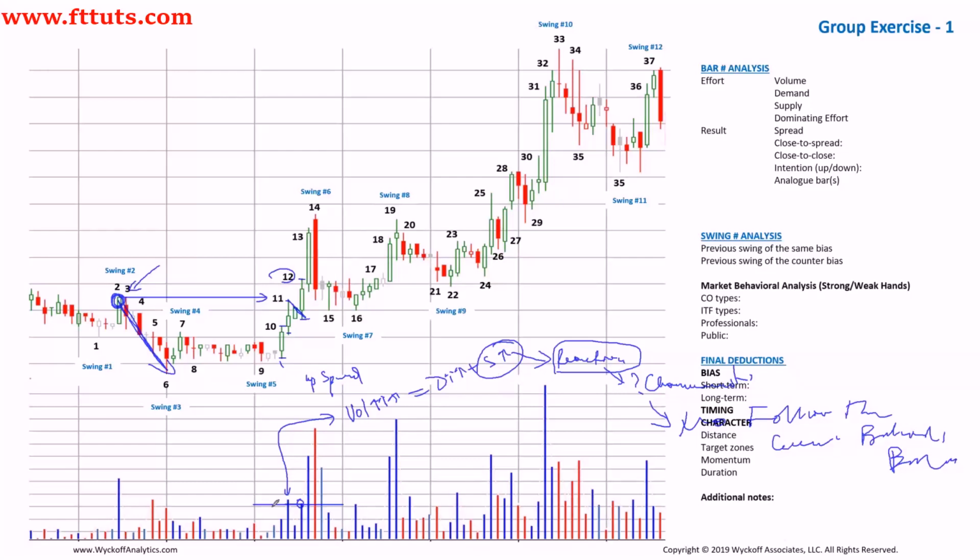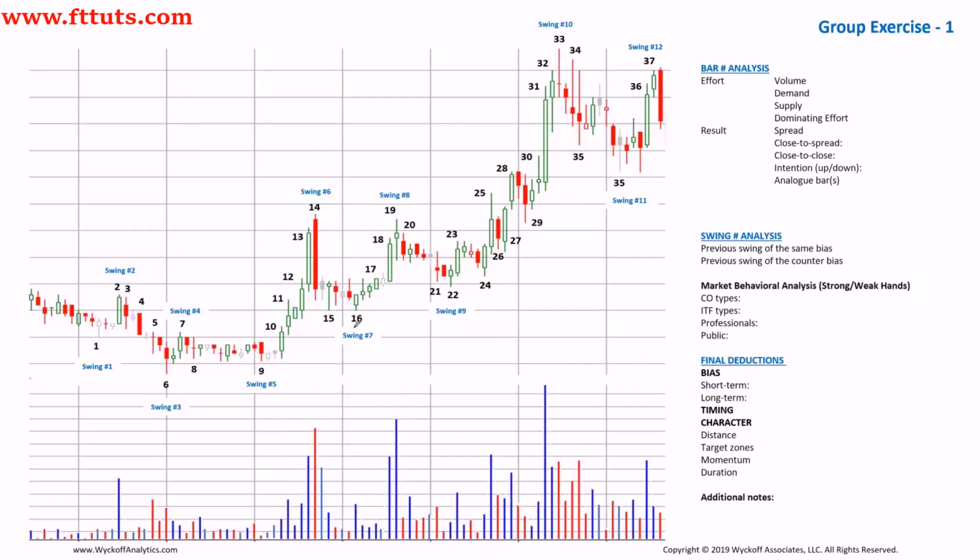So bar number 12 has a slightly different volume characteristic. Let me ask you this tricky question, Rick. Where do you think there is more supply, on bar number 11 or bar number 12? What do you think?